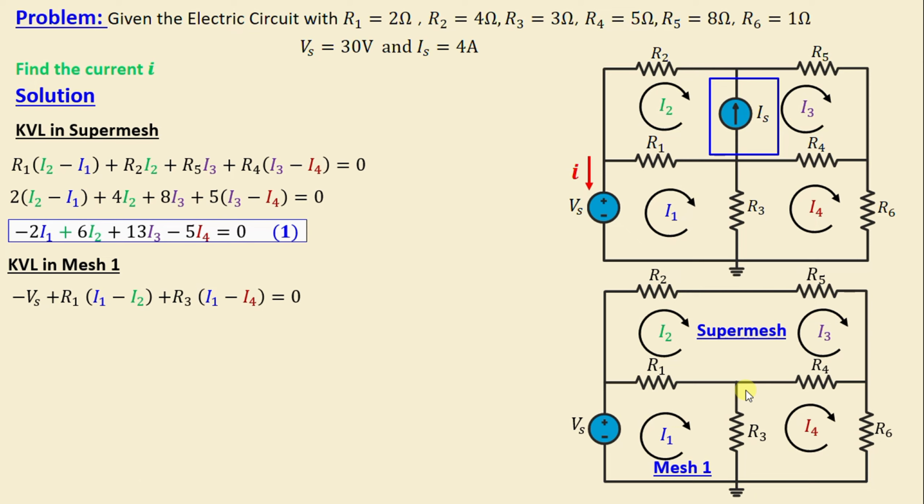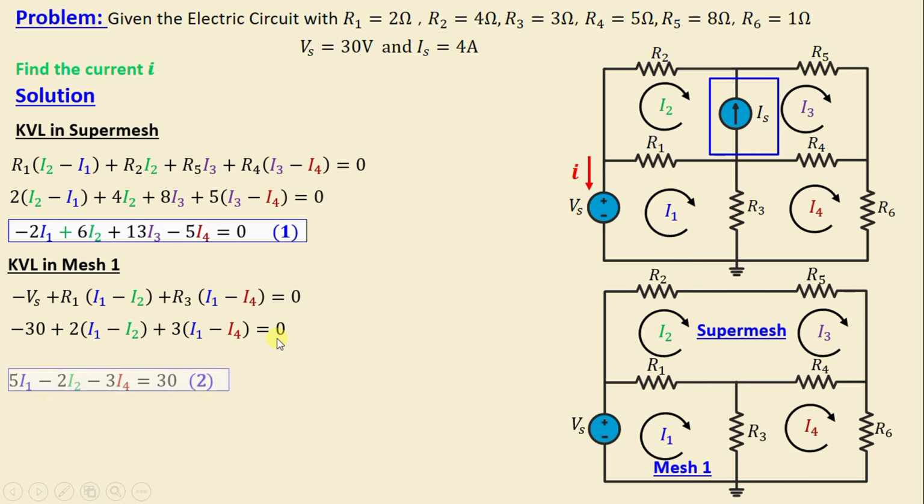If we replace the resistors with their numerical values, we obtain negative 30 plus 2(I1 minus I2) plus 3(I1 minus I4) is equal to 0. If we continue simplifying this equation, we obtain 5I1 minus 2I2 minus 3I4 is equal to 30, and I will call this equation number 2.